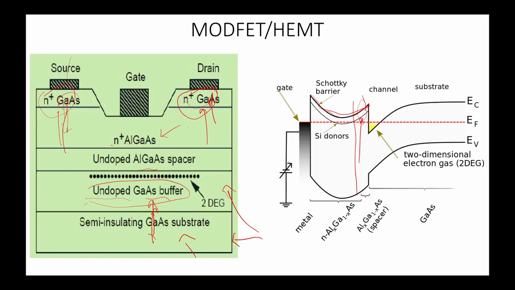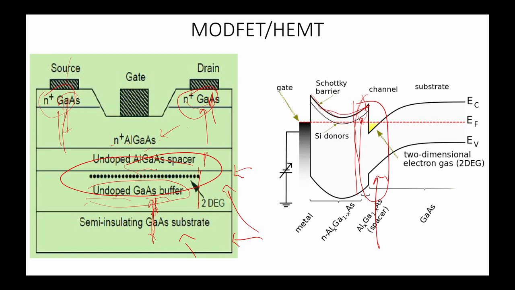This junction is a heterojunction, gallium arsenide and aluminum gallium arsenide, that we have already seen. This is the band diagram of this junction.